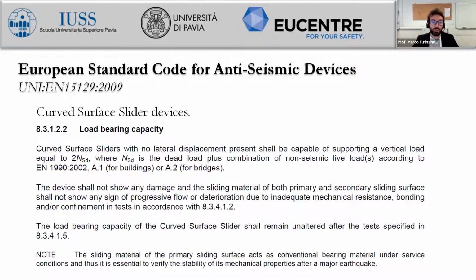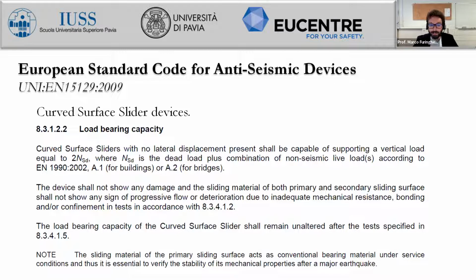So this is the first test, which is the load-bearing capacity, and again, this is something like the compressive capacity for rubber bearings. This is just to ensure that this device is a structural bearing. Remember that the isolation devices should be structural bearings at the beginning.